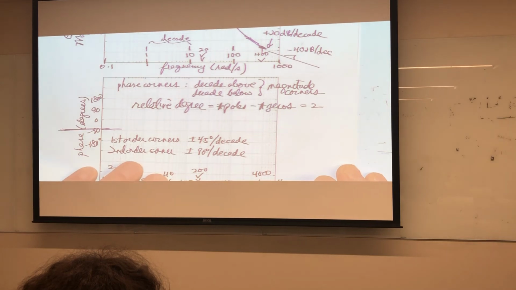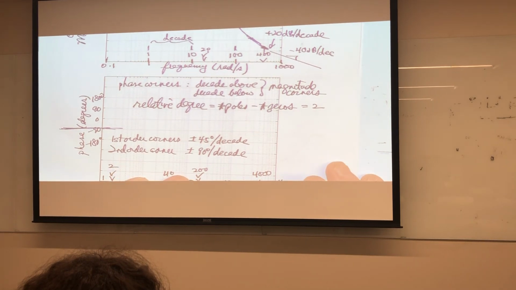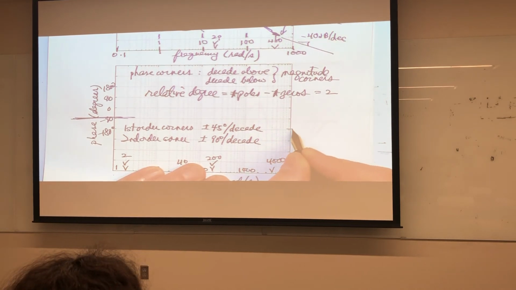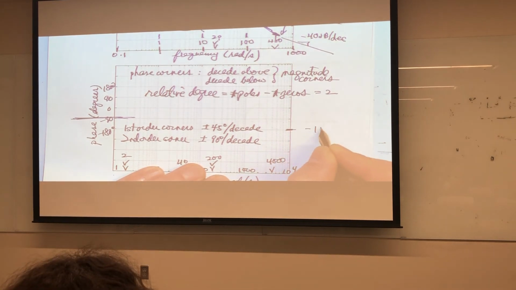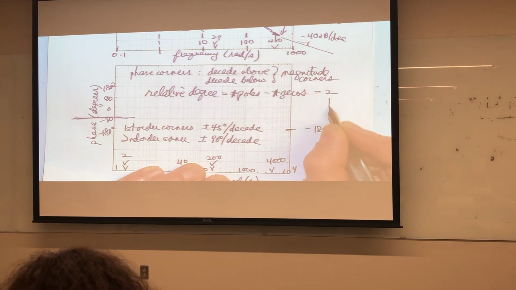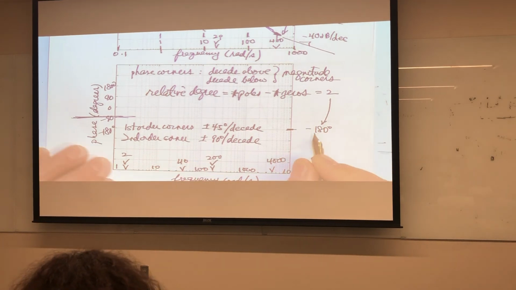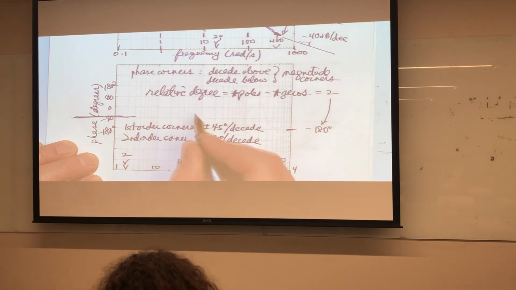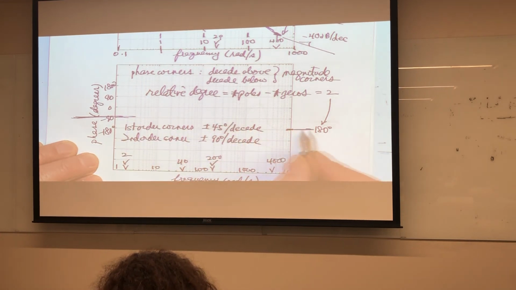And for a model where all the coefficients are positive numbers, it means that at high frequency, the phase should be negative 90 degrees times this number. And so we should end up down here at minus 180 degrees because the relative degree is 2. So after we do all of our changes up and down, all that sort of stuff, we better end up out here at minus 180 degrees.